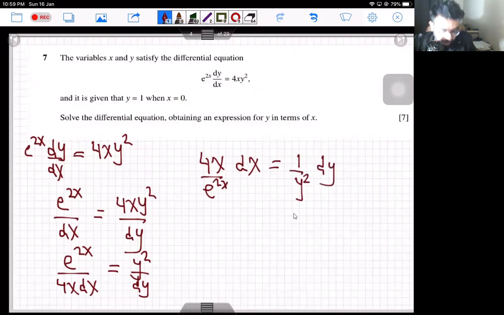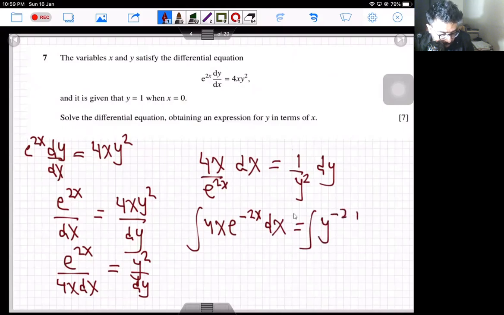So now we can say that 4x multiplied by e raised to the power minus 2x is integrated with respect to x, and y raised to the power minus 2 is integrated with respect to y. Here we can see that these are two terms, one algebraic, one exponential. So here we are going to use integration by parts, and this is just a simple integration of an algebraic expression, but the integration is with respect to y.